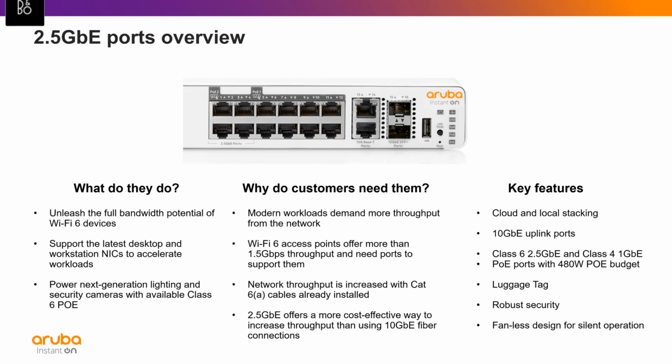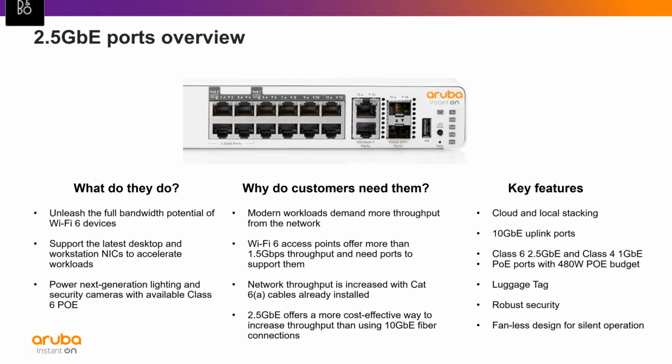So we talked about the lighting, security cameras, et cetera, that also have that additional requirement for the Class 6 PoE. Also, more bandwidth, a requirement for many of those as well. And ultimately 2.5 gig also gives us a cost-effective way of not having all 10 gig ports.